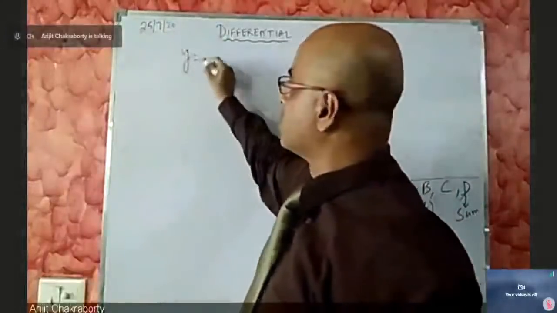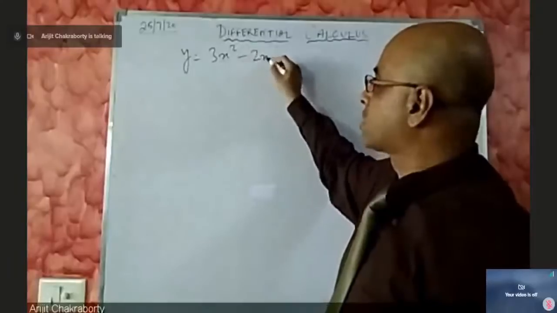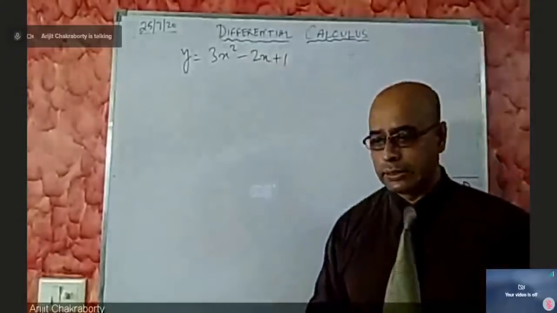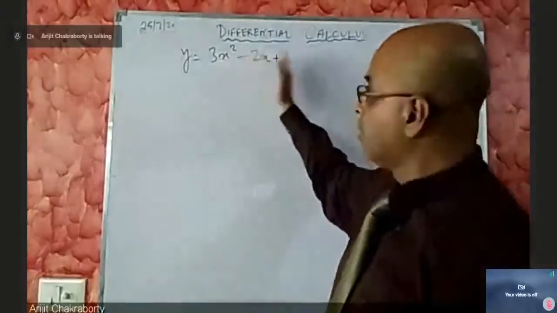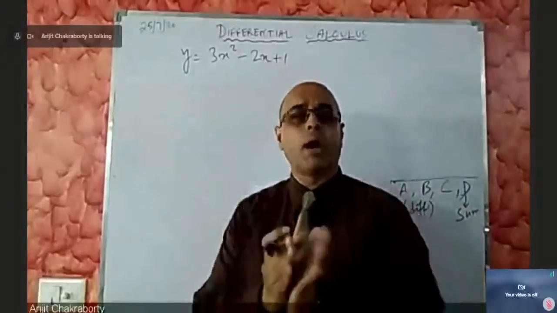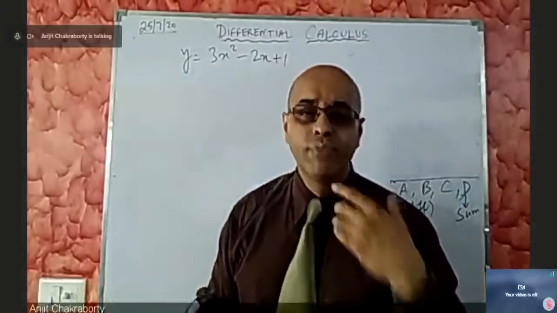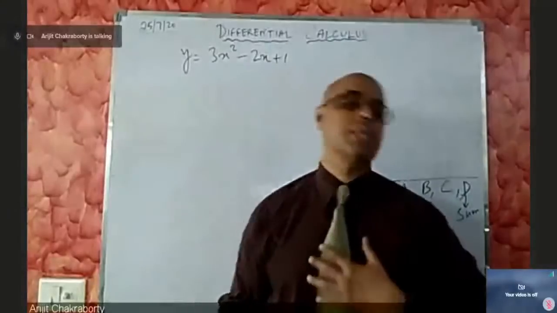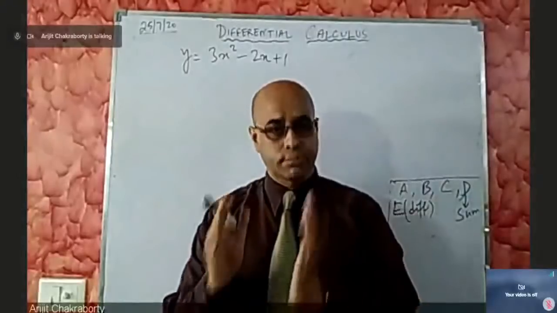y is equal to 3x squared minus 2x plus 1. So here we break it down, we divide the entire given expression into parts and differentiate them individually, separately, applying the addition rule and the subtraction rule.